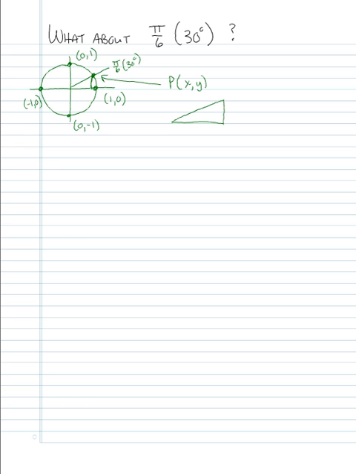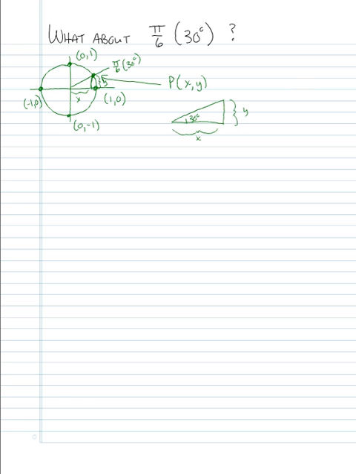Now, this is actually going to be the y value of that point, isn't it? That's the y value. And this is going to actually be the x value of that point. See, on here is that distance x right there. And of course right here is that distance y right there. Okay, and we know that this is 30 degrees here. Oh, and this is the x value.